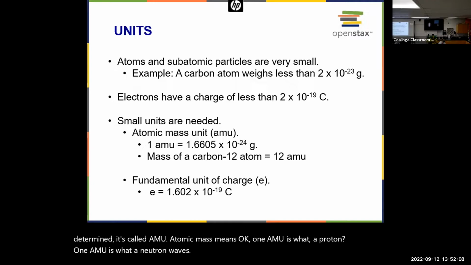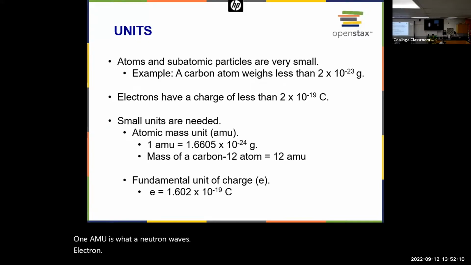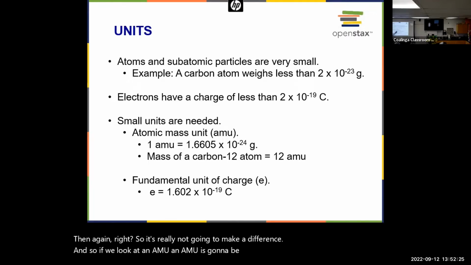An electron's weight is about 5,000 times less than an AMU, so it's really not going to make a difference. And 1 AMU is 1.6605 times 10 to the minus 24.